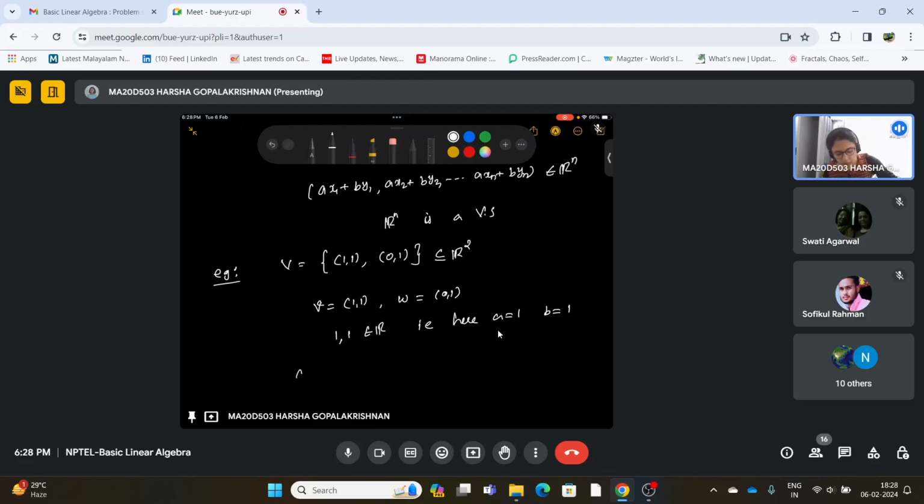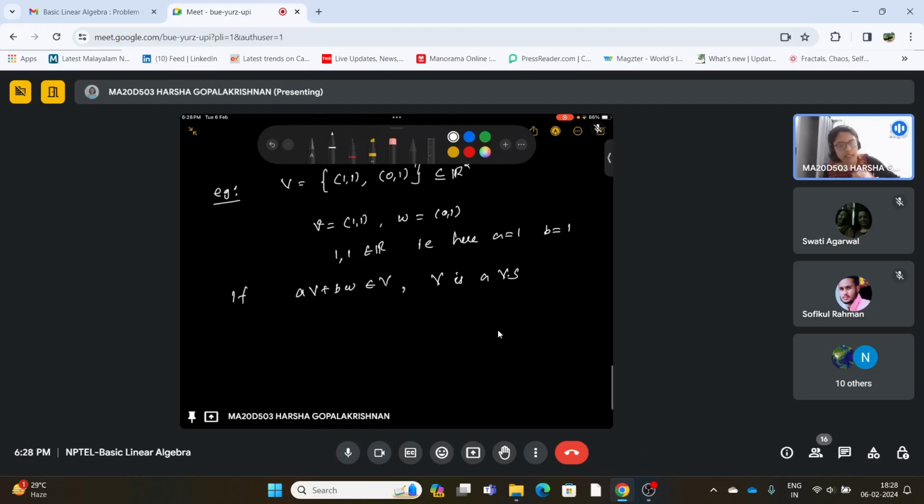So what we said is av plus bw belongs to V. If this condition is satisfied, V is a vector space. Now let us see whether this condition is satisfied or not. Here a equal to 1 and v equal to (1,1).